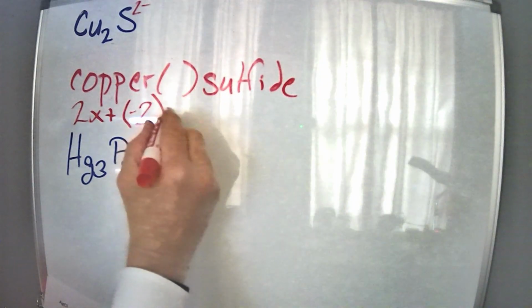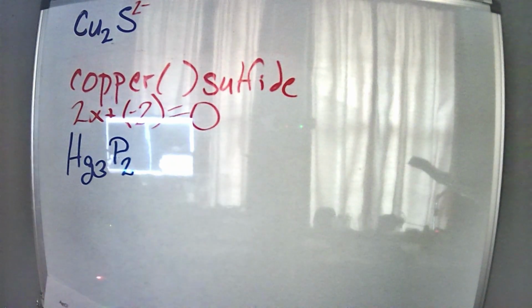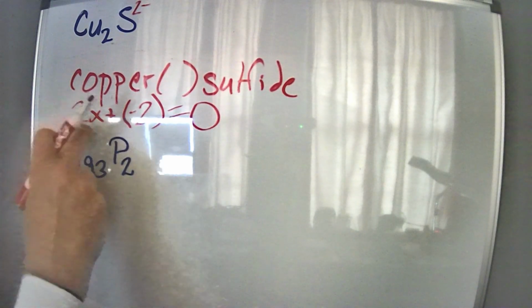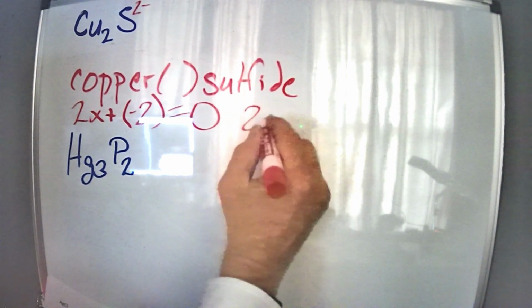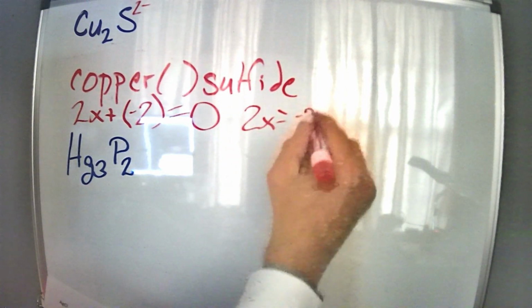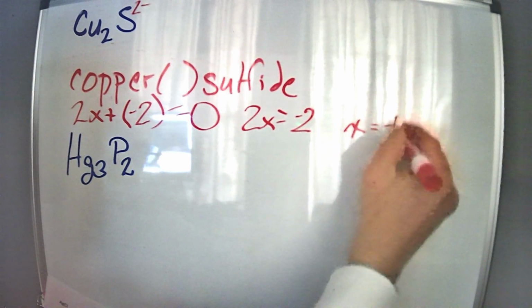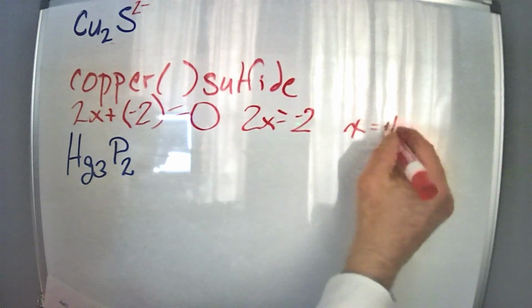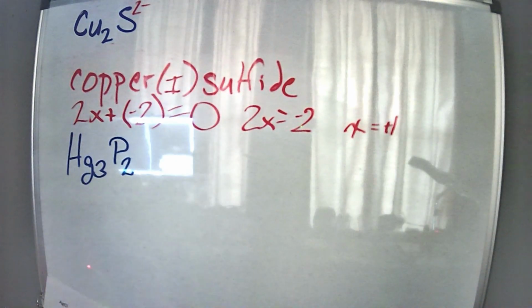And the total charge is going to be 0. Total charge on any compound is 0. So when we add up our charges, it has to equal 0. So 2x plus -2 equals 0. So that means 2x is equal to a -2. So that means that x is equal to -1. Excuse me, +1, my apologies. So this is copper 1 sulfide.